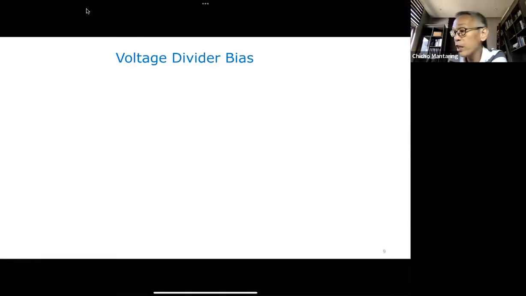What do we do in the voltage divider bias? Okay, let's start with the fixed bias with emitter resistor. So this is RC, this is RE. And then the fixed bias with emitter resistor, we have a resistance here.